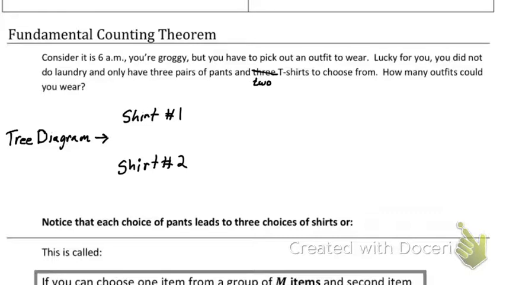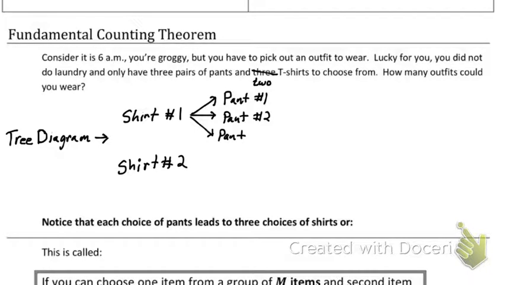Now, once I pick shirt 1, like I said, all 3 pants are awesome choices. They all match, so there's nothing. They all have equal chance of me picking them. So once I pick shirt 1, I now have 3 pants to choose from. So let's call this pant 1, pant 2, and pant 3.